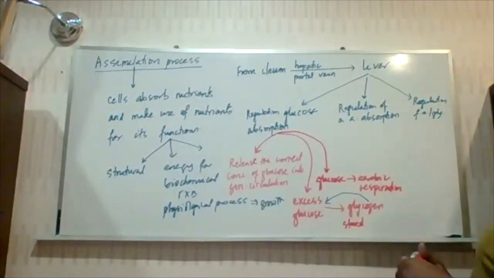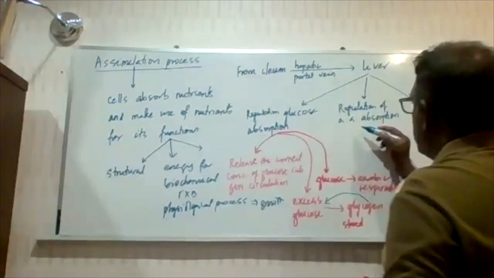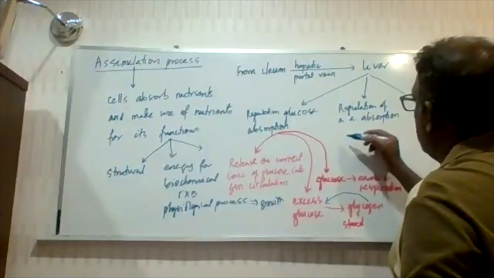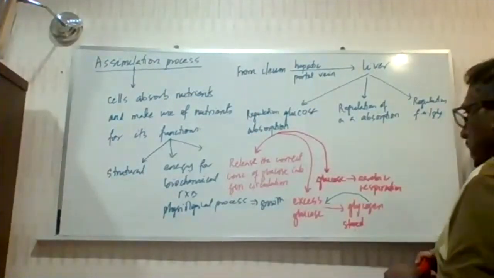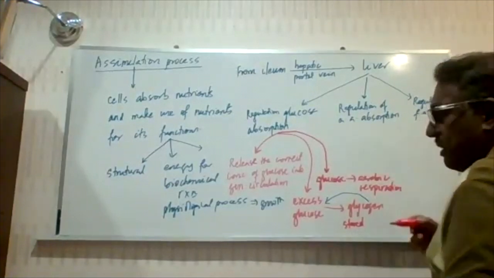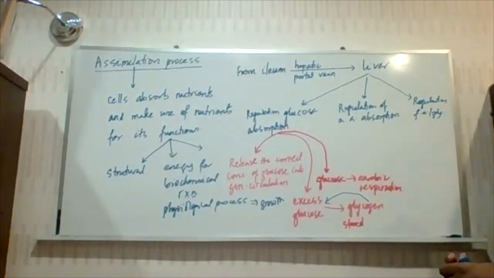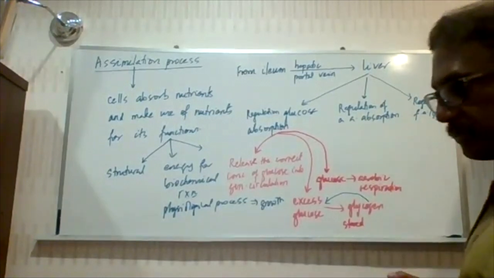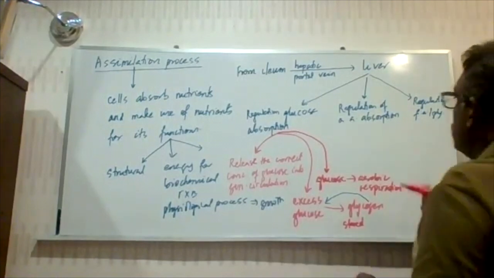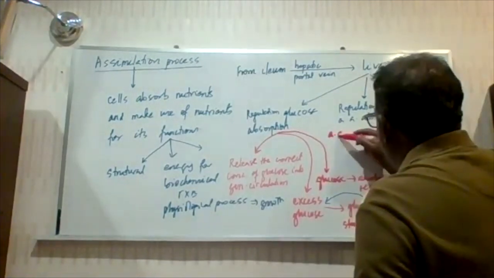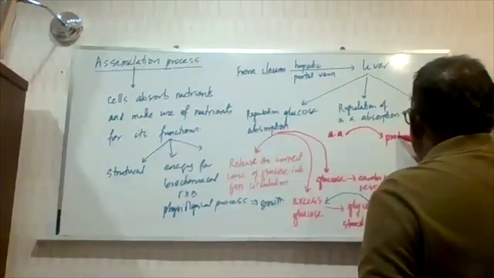Now, amino acid absorption. The liver has a lot of functions. One of the functions is to synthesize plasma proteins such as fibrinogen, albumin, and even enzymes like prothrombin. So it will make use of its amino acids to synthesize proteins.